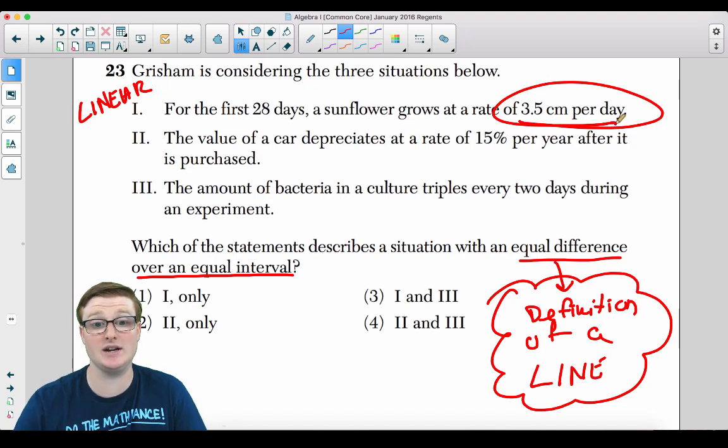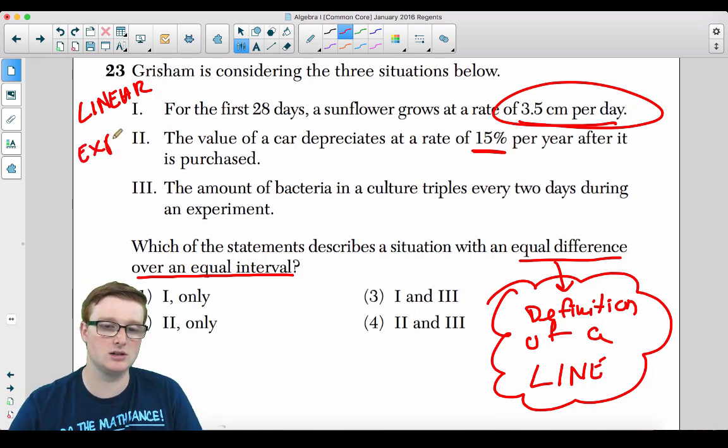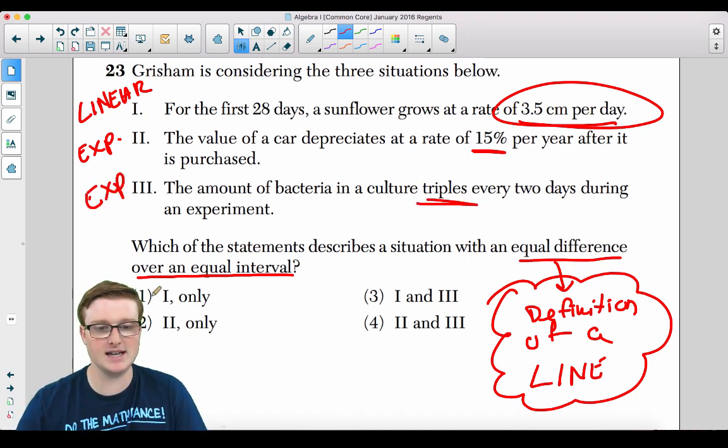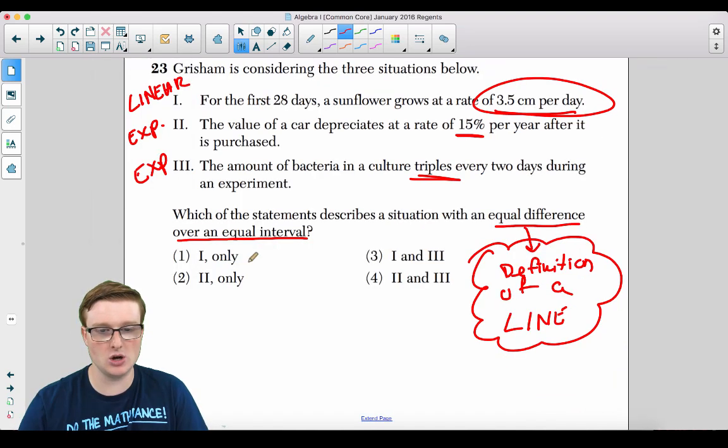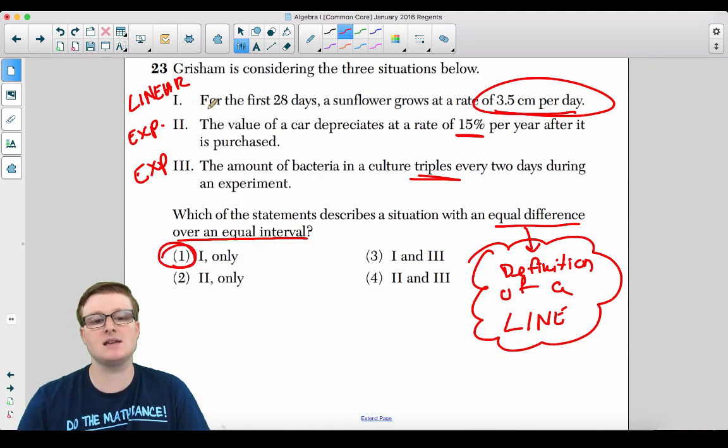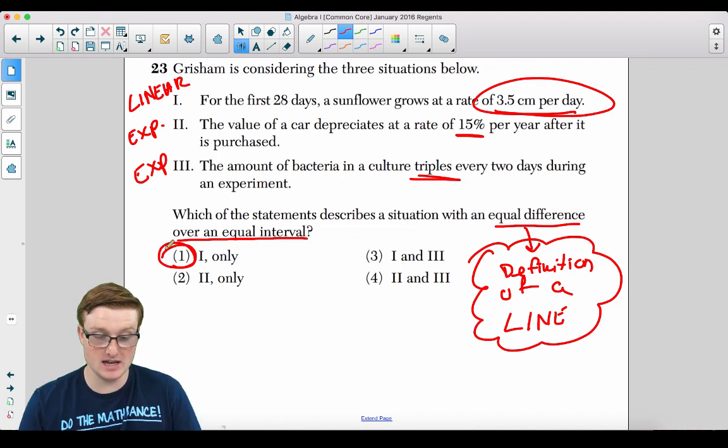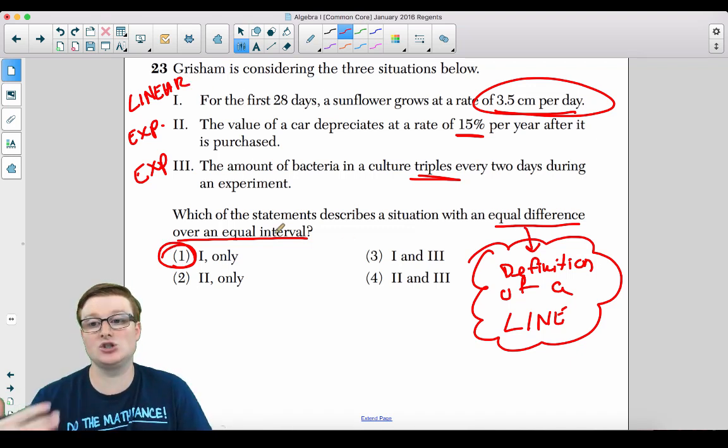Yeah, that's a constant rate of change. The second choice is showing 15% depreciating. This is an exponential function. And the amount of bacteria triples, again, that is showing exponential. So your correct answer for this question is going to be choice 1, because this is the only one that is showing linear, and equal differences over equal intervals does describe a line or a linear function.